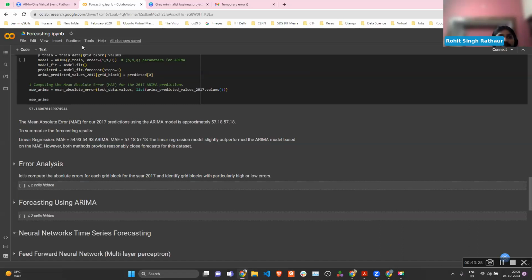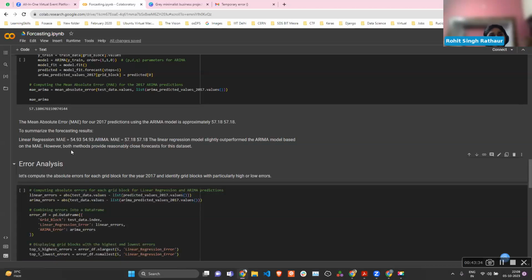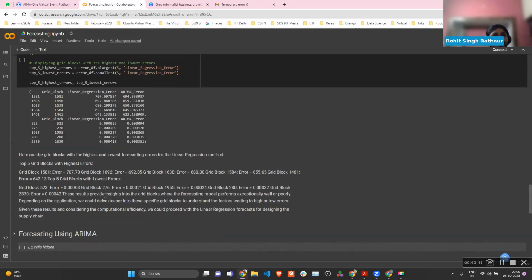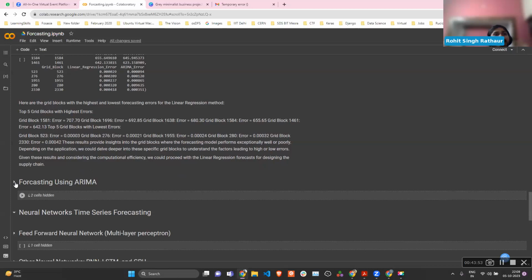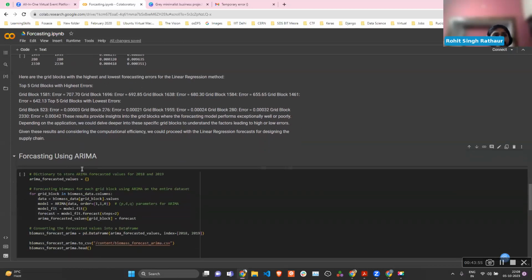I compared all these three results together, and I did some error analysis around all three methods. I had some conclusions from this error analysis, and on the basis of it, I forecasted again using ARIMA.